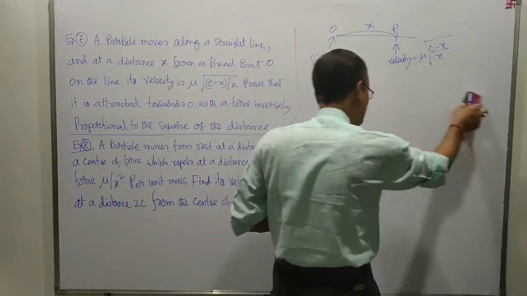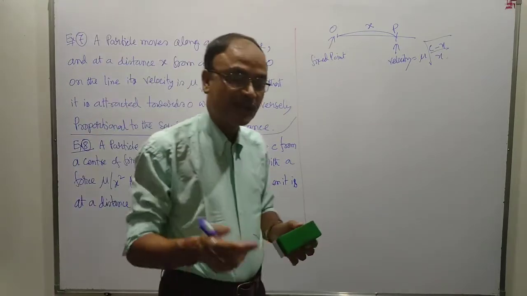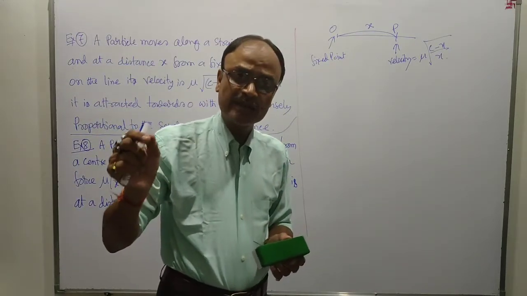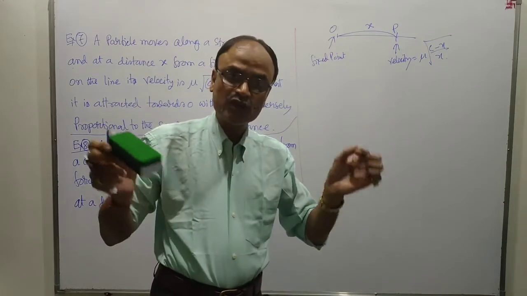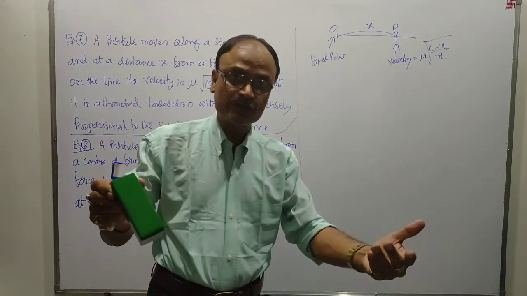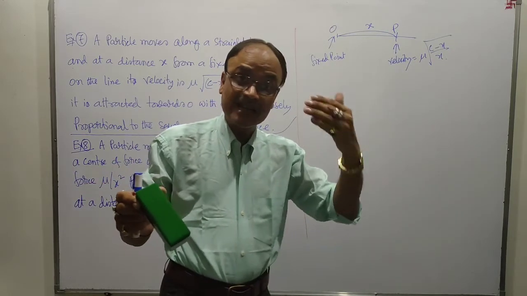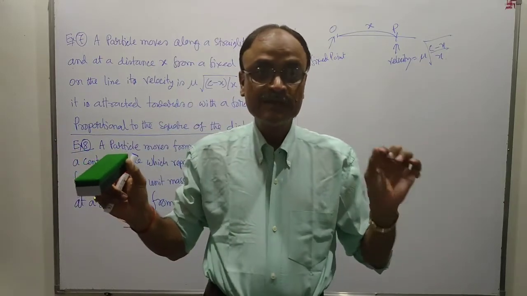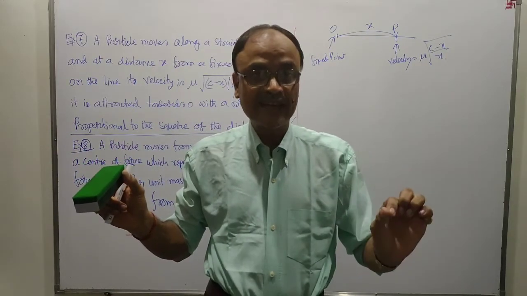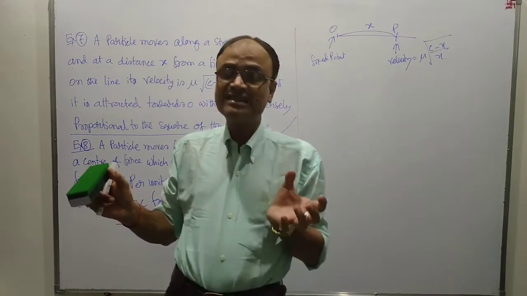Let me try to solve this problem. Acceleration x double dot always stands for the acceleration in a direction of x increasing, but if the acceleration is equal to the negative of something, then we will say that the particle is moving in a direction of x decreasing.